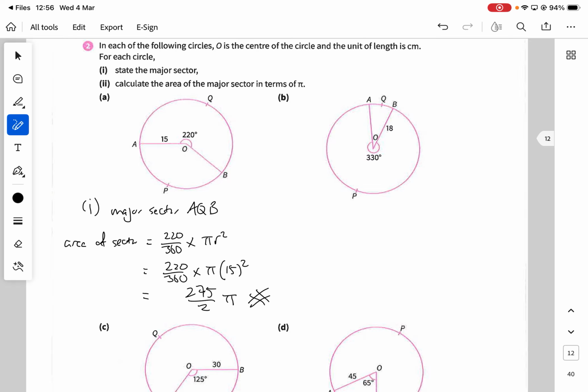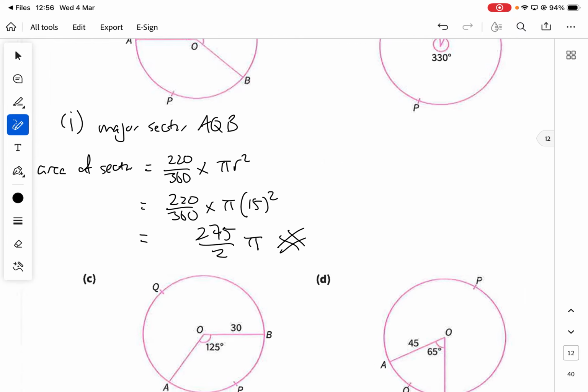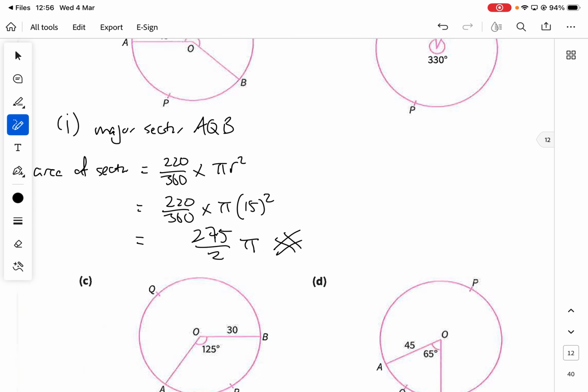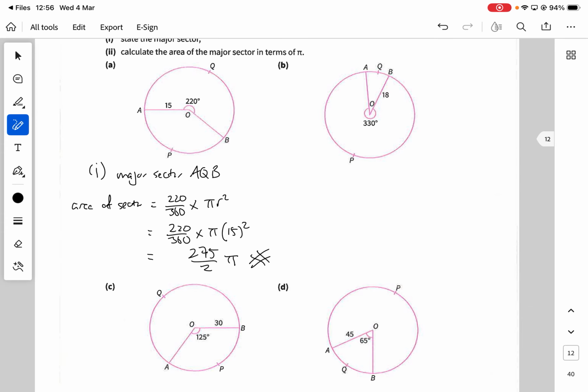But one thing to take note, when you press your calculator, make sure your multiply is beside the entire fraction. Meaning when I press the calculator, I should see 330 over 360. This multiply is to the side. I don't want the 330 over 360 with my multiply below.